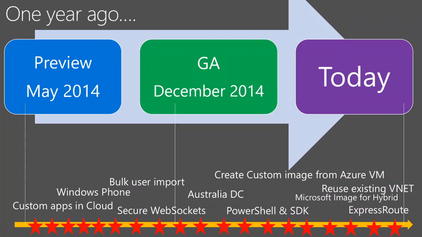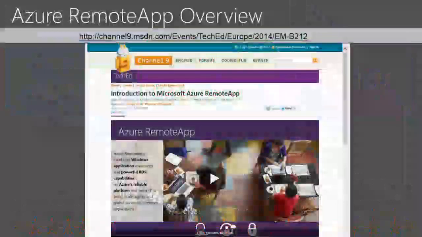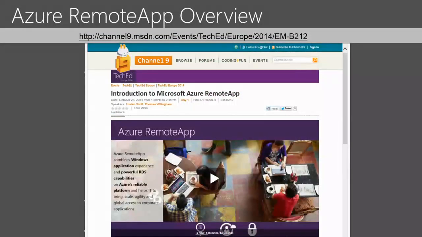Bulk user imports. We implemented secure WebSockets, so we standardized on port 443, enabled ExpressRoute. So you see there's a lot going on right here. If you want to know more about the foundational information, you can go to Channel 9. We've done some talks there, so you'll get more of this type of information.